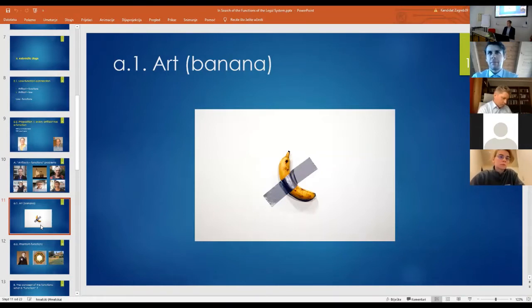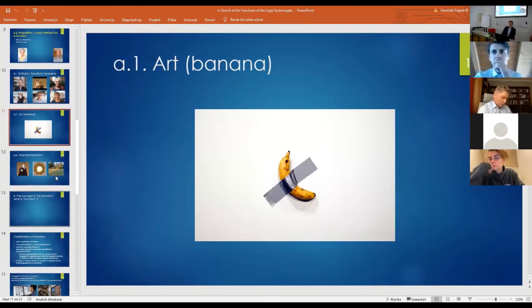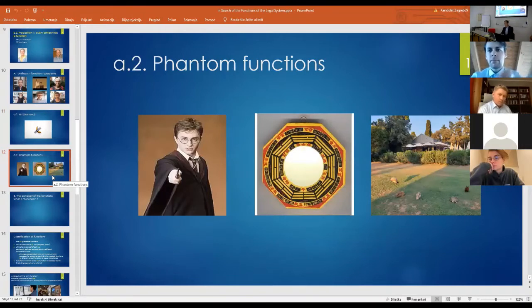For some people this is art, and for other people they don't see anything; the audience doesn't see anything that reminds them of art. A solution that is already offered in legal theory is to say that at least public artifacts, not being primarily artistic, have a function. If you are satisfied with that answer, we could go to another problem, and that's the problem of phantom functions.